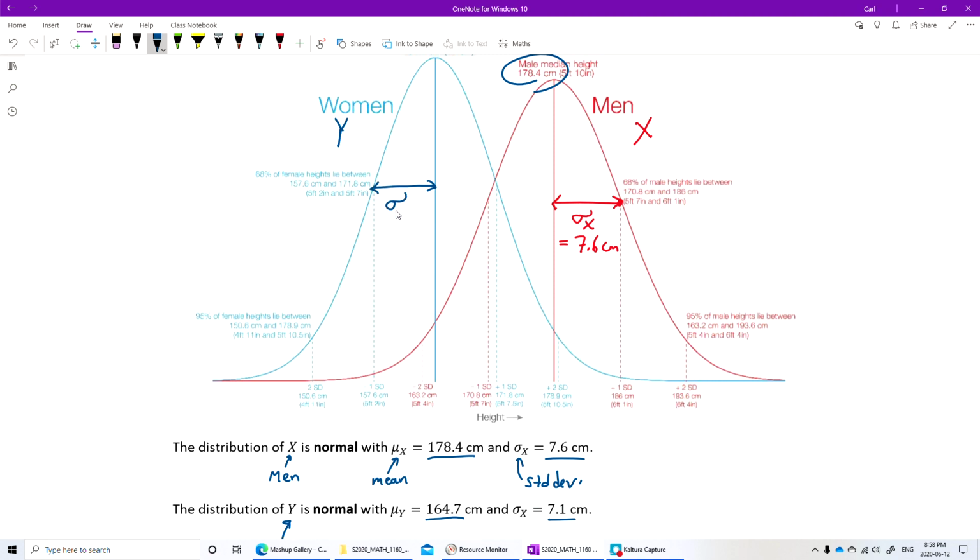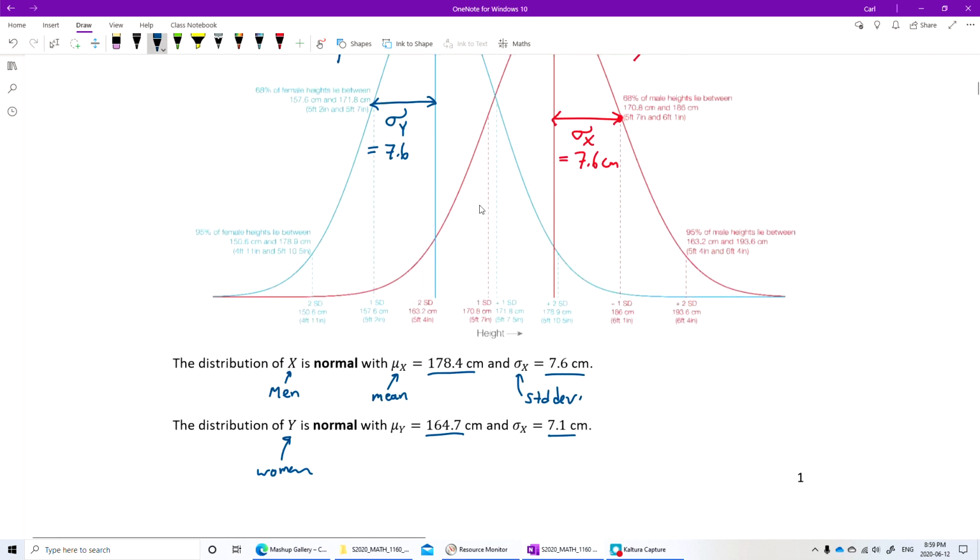The subscript means the letter is written a little bit smaller and down, and the subscript tells us which variable we're talking about. It's the sigma for x for men, or it's the sigma for y for women. Oops, it's 7.1, right? We're going to be using the subscripts constantly from now on because we'll have more than one random variable we're dealing with, so we need to keep track of which one's which.